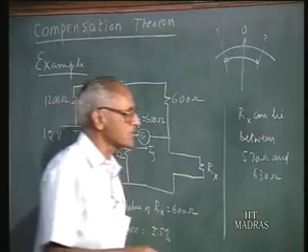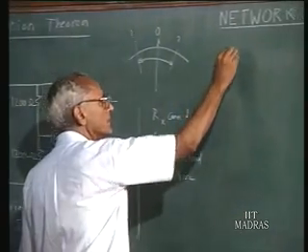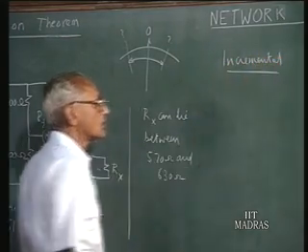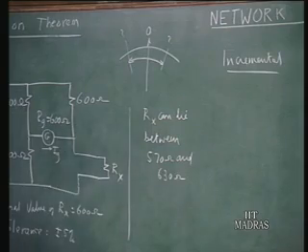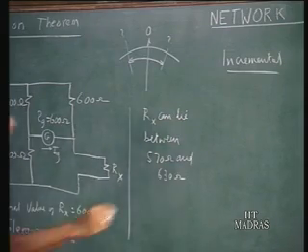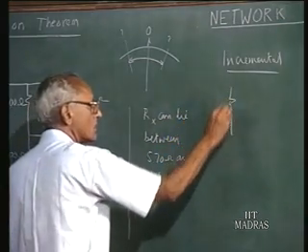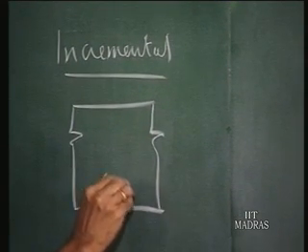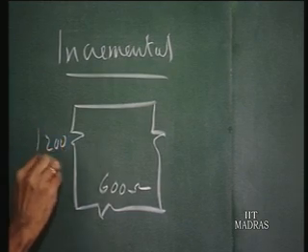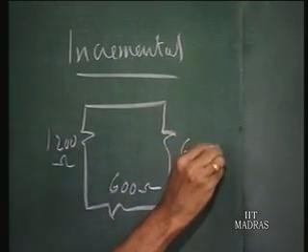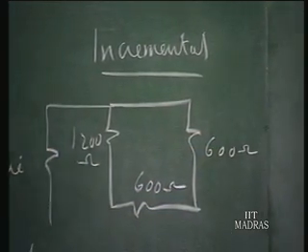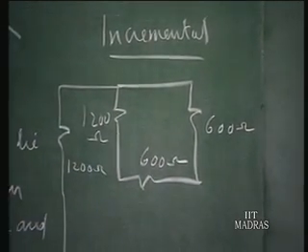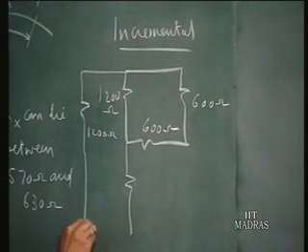So using compensation theorem, we will set up the incremental network for when Rx goes to 630 ohms. So you have the original network 1200, 1200, and the galvanometer is 600 ohms. This is 1200, this is 600 ohms, and the source resistance is 1200 ohms, and the independent source is deactivated.